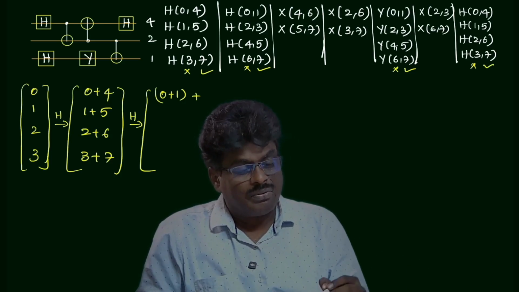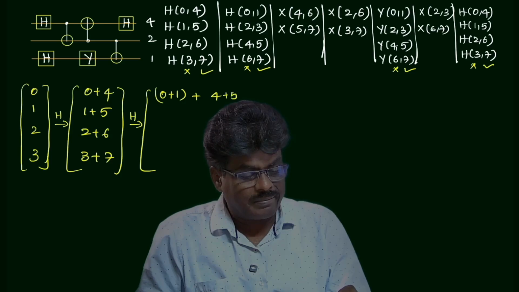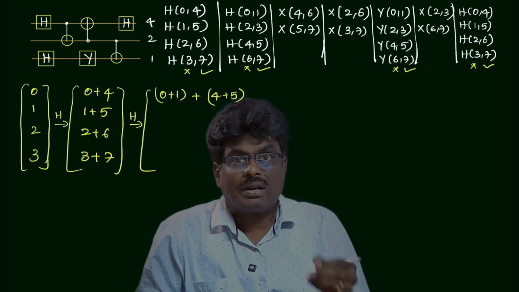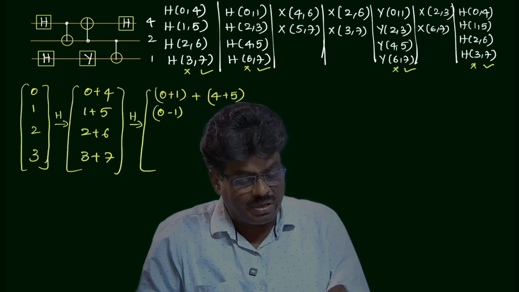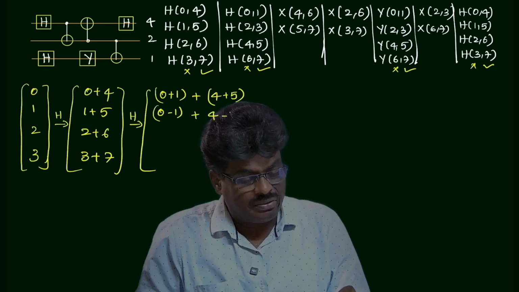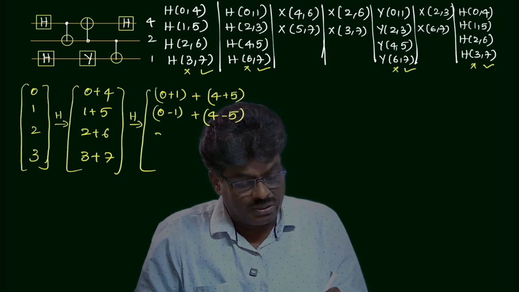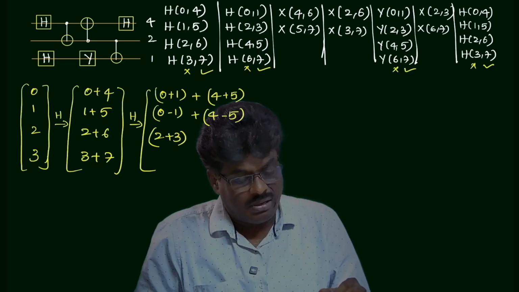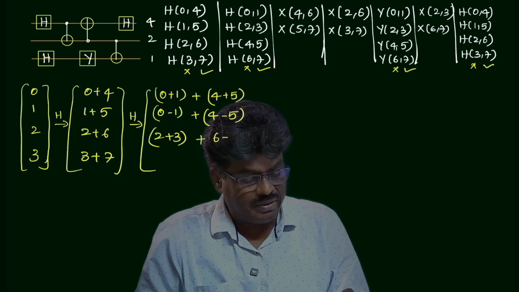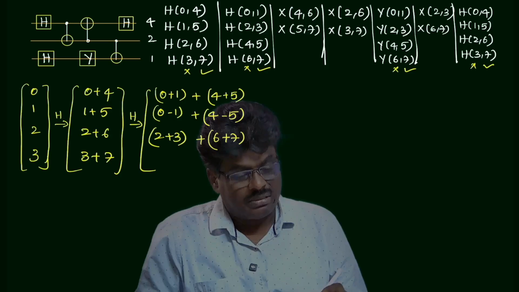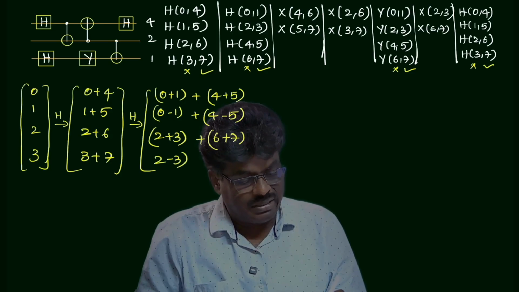So plus 4, that is a 4 plus 5. Next one on, 0 minus 1, and this is a 4 minus 5. Next to 2 plus 6, 2 is a 2 plus 3, and 6 plus 7. 3, that is a 2 minus 3, and plus 6 minus 7, right?